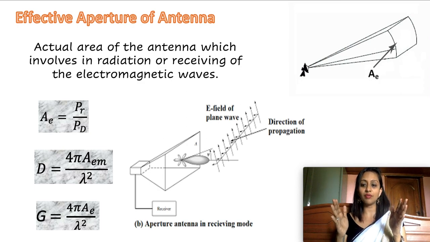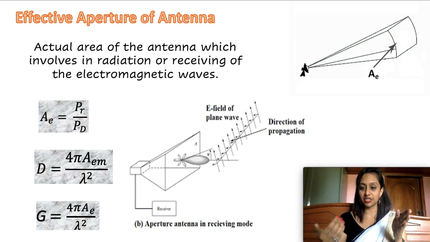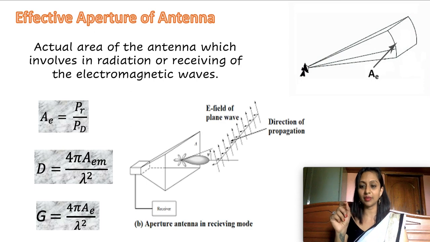ZA involves radiation resistance and the reactance part of an antenna. Effective aperture is only the physical area which is getting involved. So if I find the area of that antenna and write the equivalent circuit, it will be ZA, which involves both resistance and reactance.